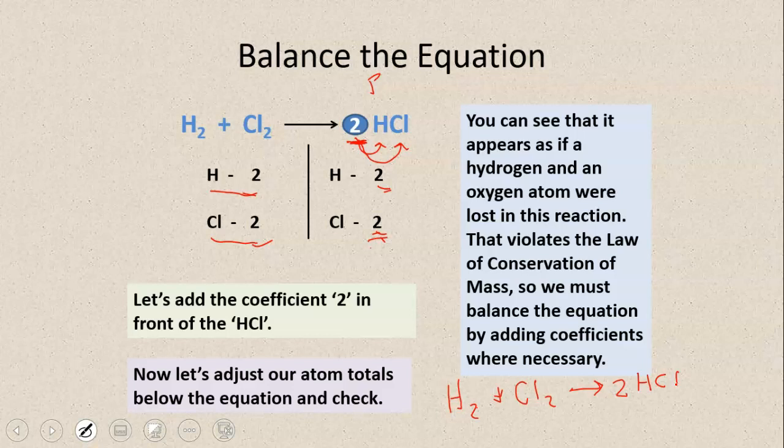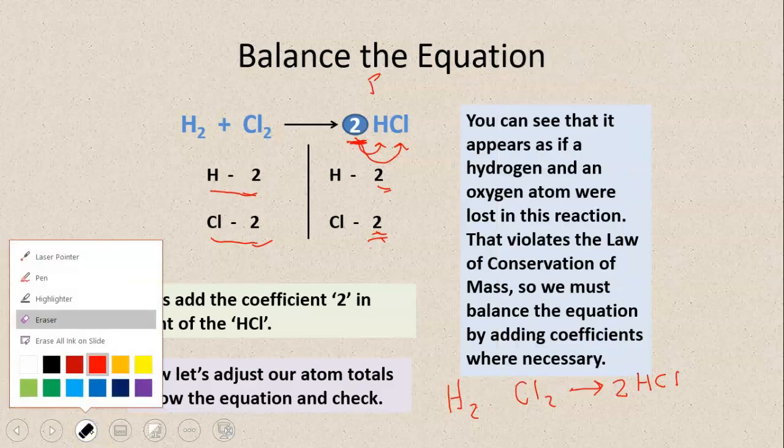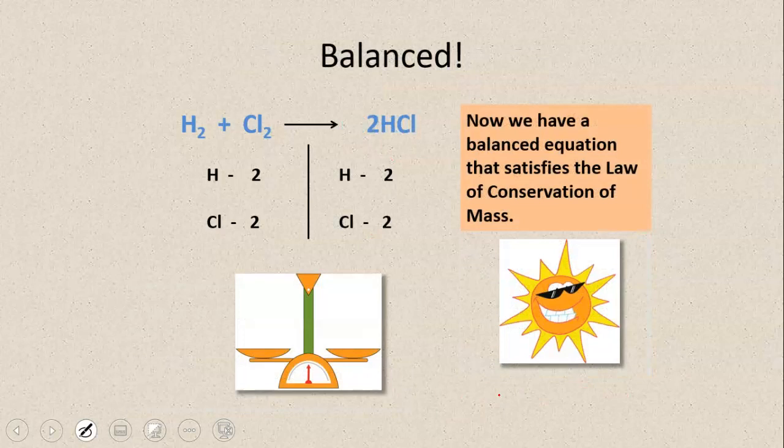Okay, I'm going to try and fix that plus sign because it's kind of bothering me. So we'll go back over here, see if we can't improve that. There we go. I like that a little better. Okay. So now we have a balanced equation that satisfies the law of conservation of mass.